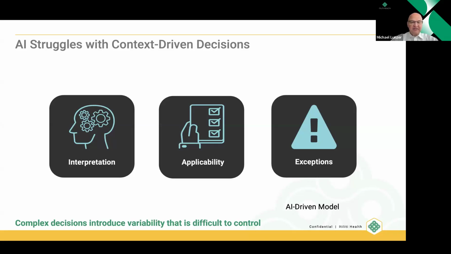If I can illustrate that a little bit, think about a policy that has a written set of rules that individually say the patient must have these 10 criteria met, and some of these other criteria met. You ask AI to look at a medical record and determine if those criteria are met.